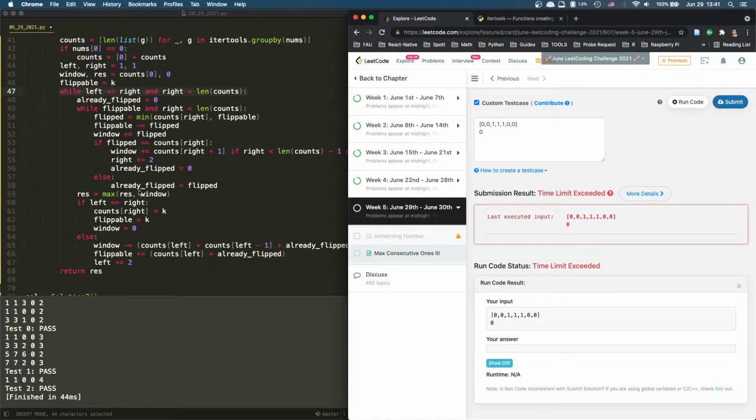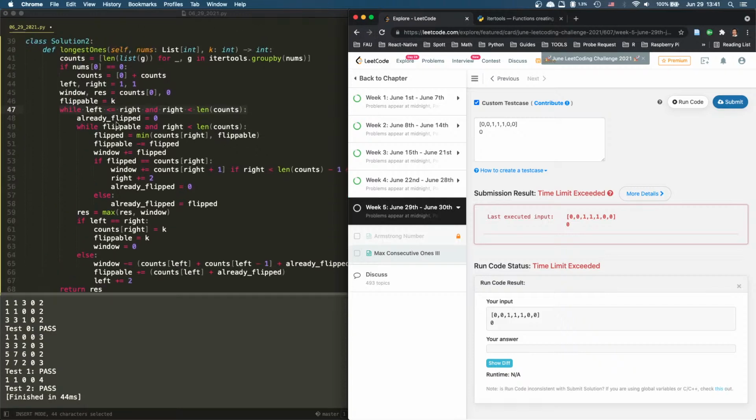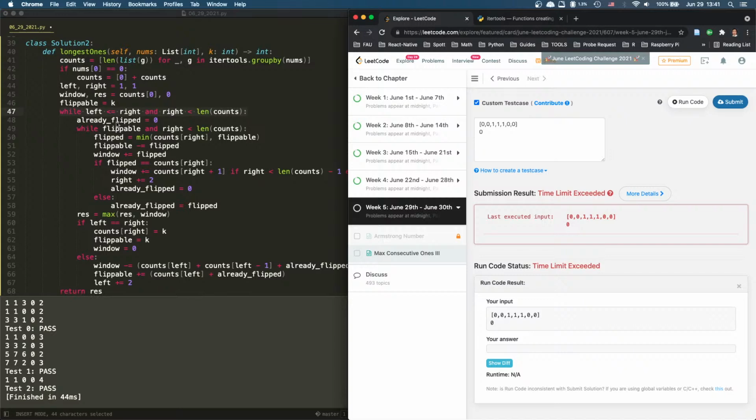No, it's constantly not helping. Flippable is 1, at least I can do something, right? I already shrink. I shrink counts to 0.